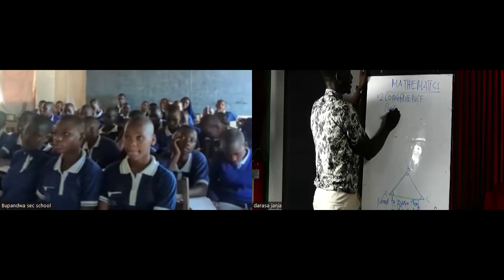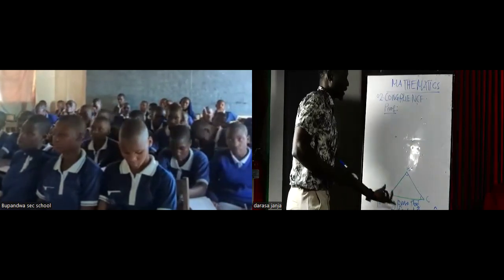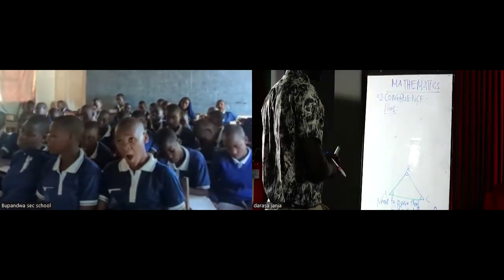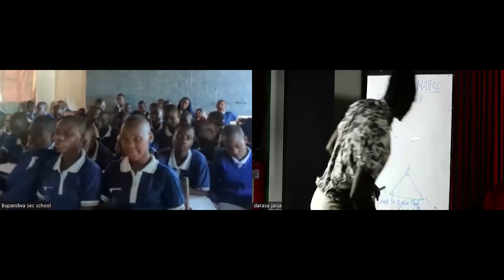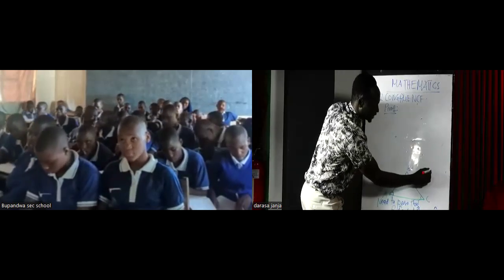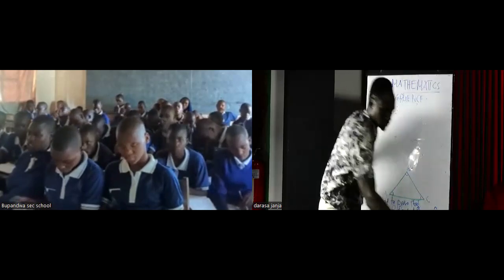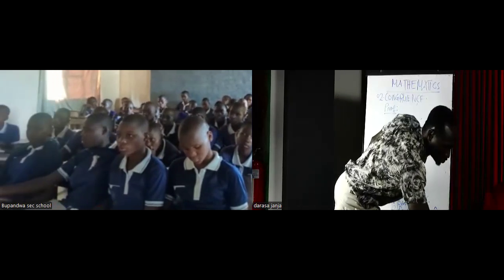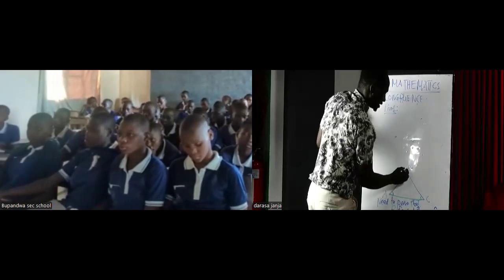We need to build the proof. Tunatakiwa tutetee hoja yetu hii sasa. Proof. Here, you have to extend this line here in order to build your proof now. Hapa sasa, wewe mwanafunzi unapaswa kuelewa kwamba nataka nijenge hoja hapa kwamba kwa nini hii jumla ya pembe kwenye nyuzi tatu ni 180.